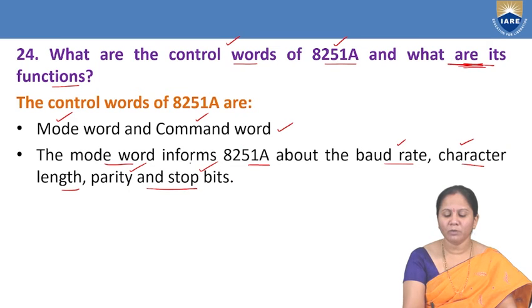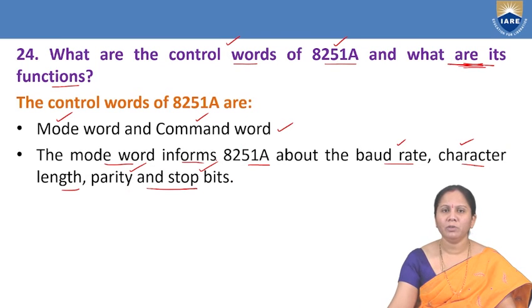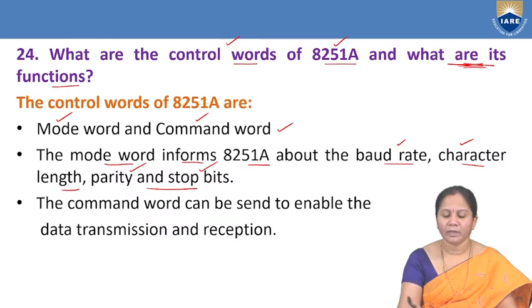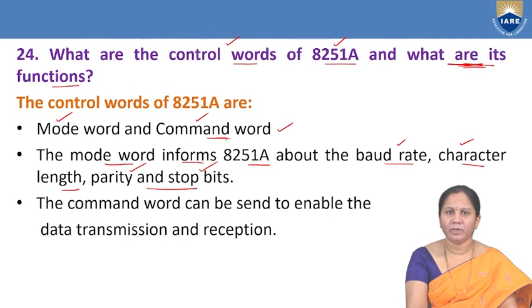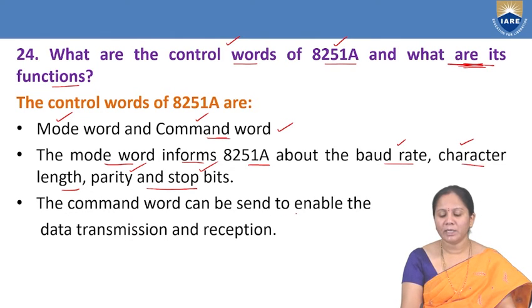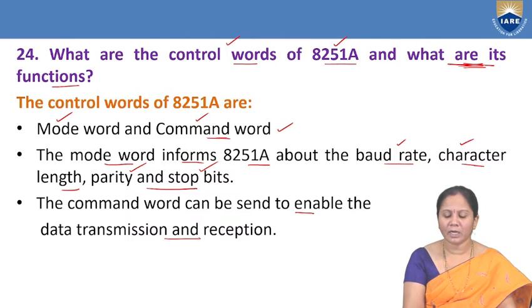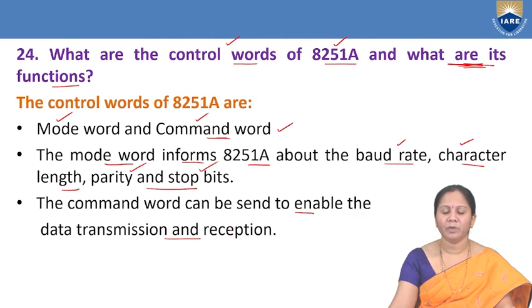And the other one is the command word. The command word is sent to enable data transmission and reception, because transmitter enable and receiver enable bits are available. It is also in an 8-bit format.